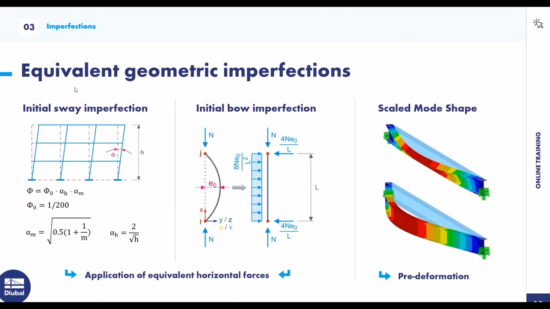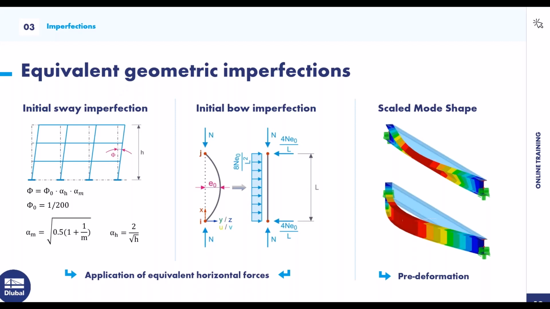So then the next point is the equivalent geometric imperfections. Imperfections are also closely related to this topic. Here we have the imperfections in Eurocode 3, and these are generally grouped together as equivalent geometric imperfections. Maybe first of all, what are imperfections anyway?